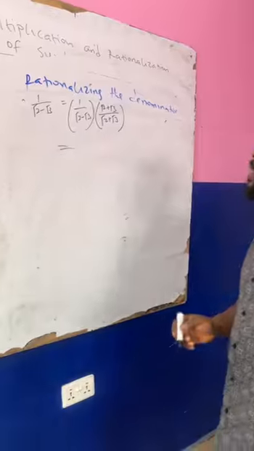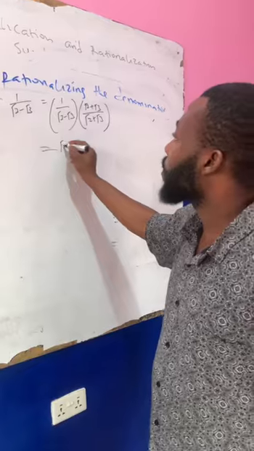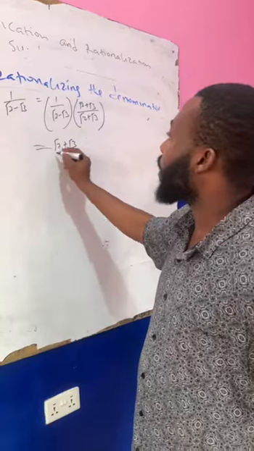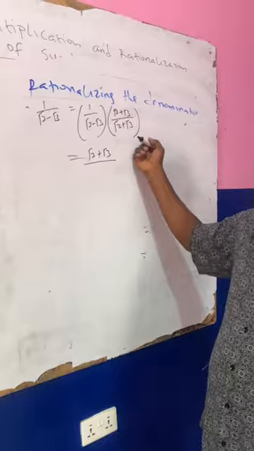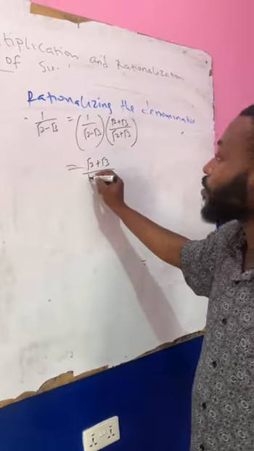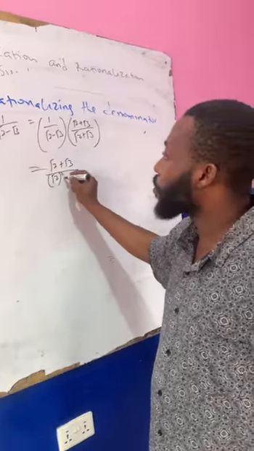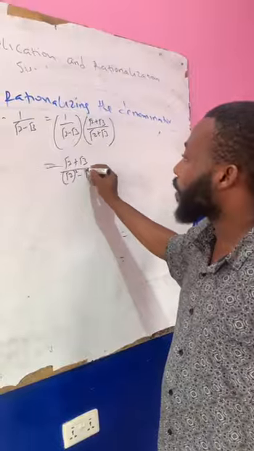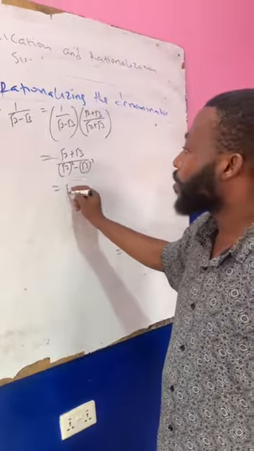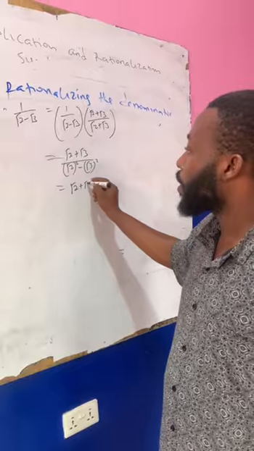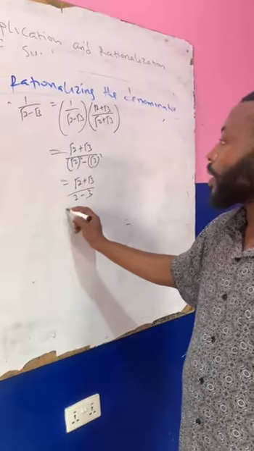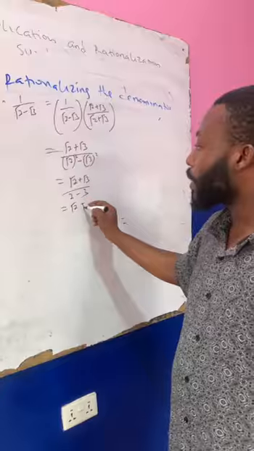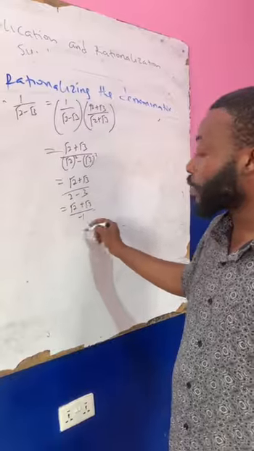So in this case, we are going to have root 2 plus root 3 all over. Remember, we said if you multiply a set by its conjugate, you get difference of 2 squares. And this is going to be root 2 all squared minus root 3 all squared. So we have root 2 plus root 3 all over 2 minus 3. So we have root 2 plus root 3 all over minus 1.